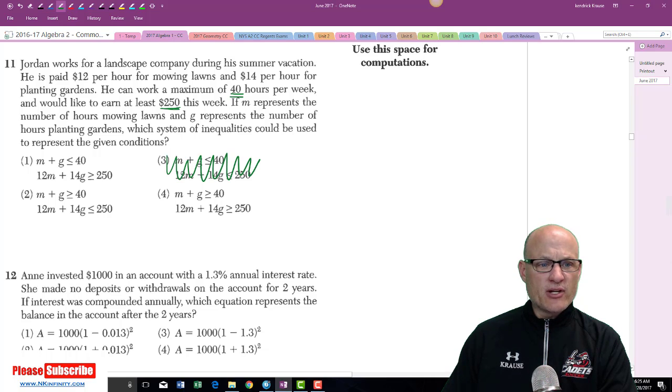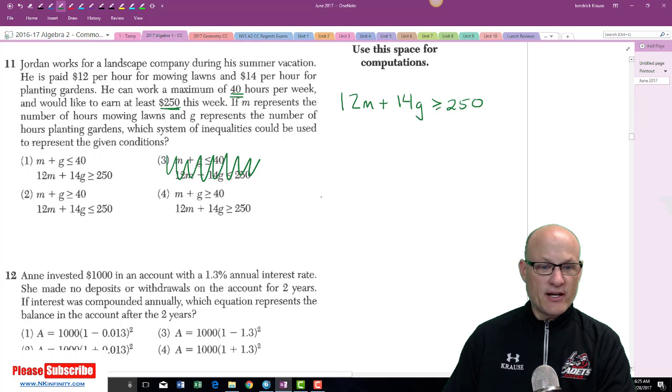If M represents the number of hours mowing and G represents the number of hours planting gardens, so 12M plus 14G, we want that to be greater than or equal to 250.